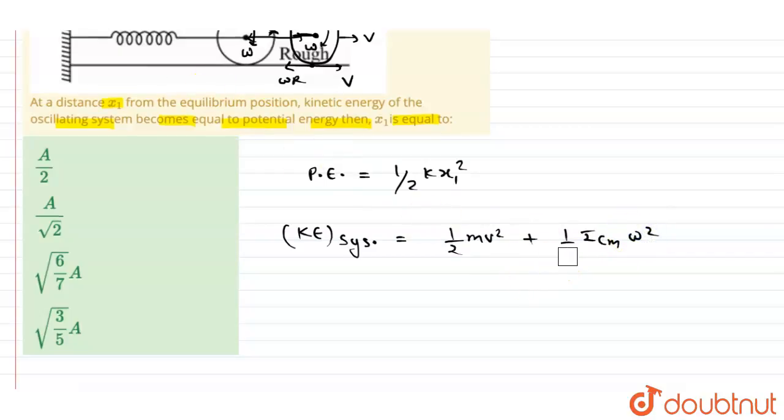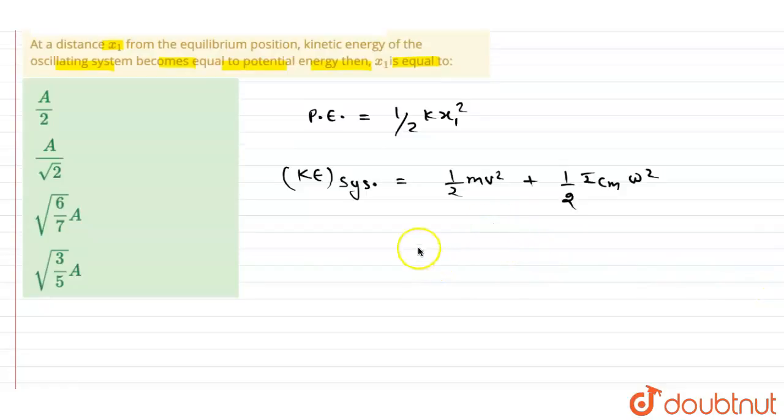Now we have a cylinder, so the inertia about the center of mass for a cylinder is m r square by 2. So let us put half of m v square plus half of m r square divided by 2, multiplied with omega square. Understood?